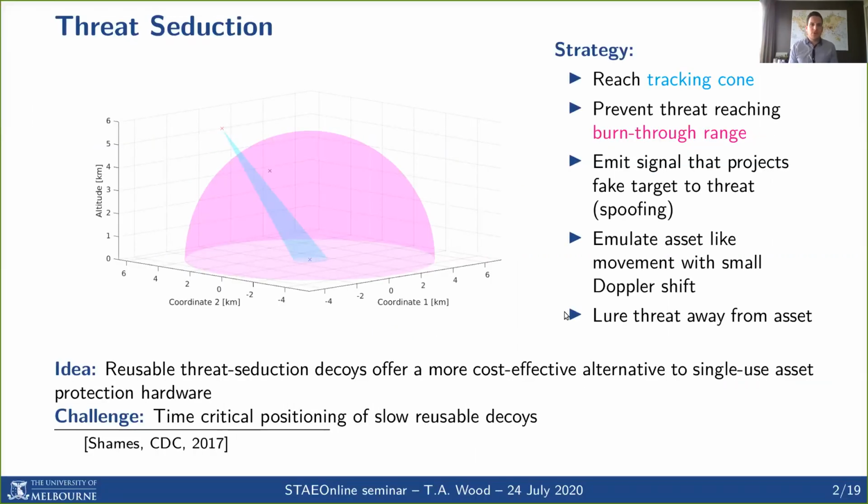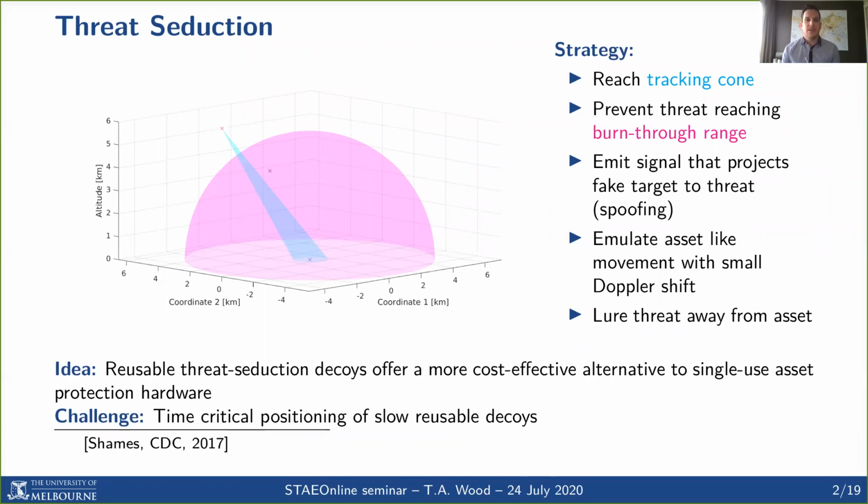So the problem we're looking at is seduction of threats. We're looking at the problem of controlling threat seduction decoys, and in particular we are interested in controlling reusable decoys. Typically single-use hardware is used for threat seduction, and this is very expensive, so the idea came up to control reusable decoys.